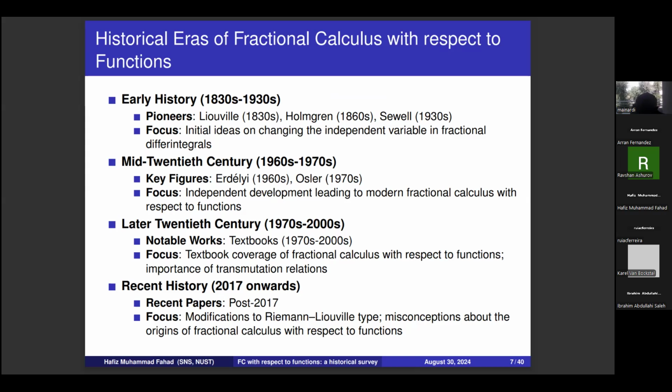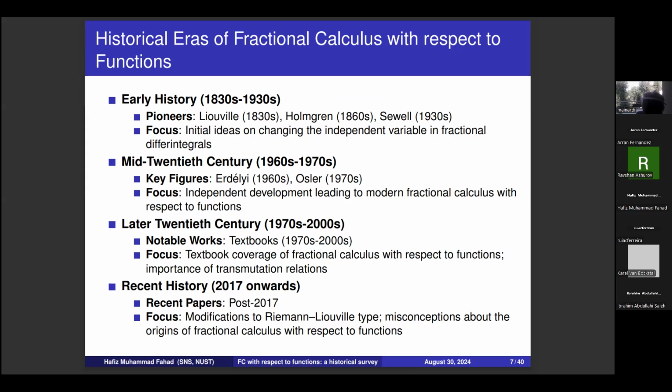The later 20th century, that is the era during 1970s and 2000s, saw the formalization of these ideas in various textbooks. So this era emphasized the importance of transmutation relations and the broader coverage of fractional calculus with respect to functions within the literature.